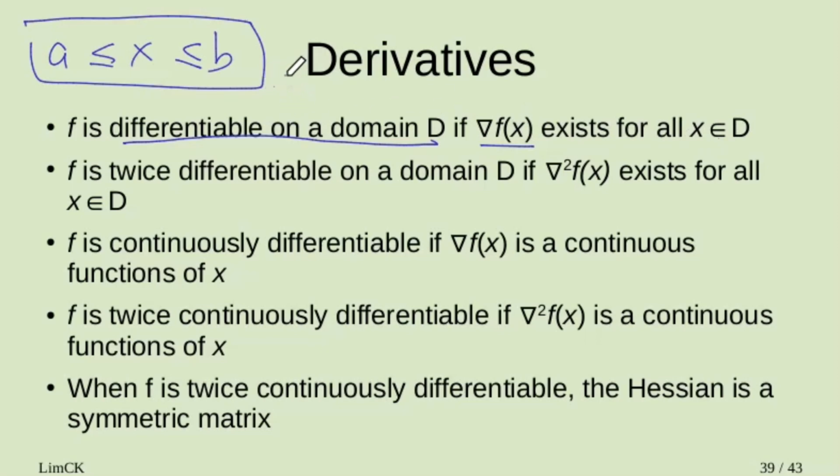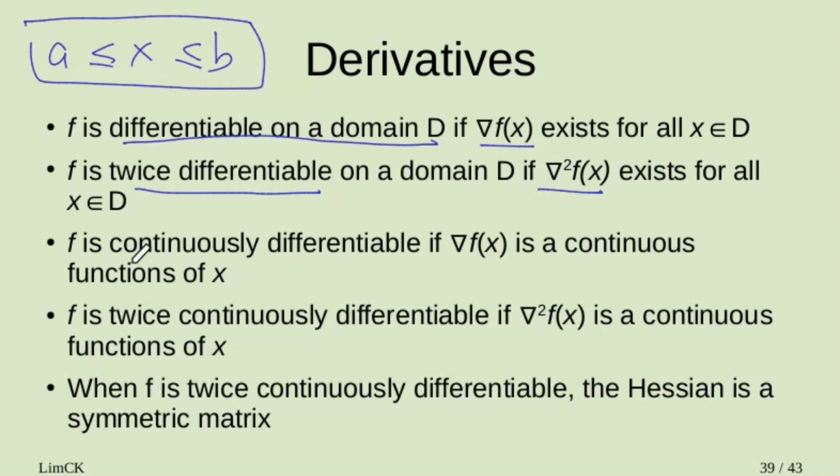When we say the function is twice differentiable on this domain, that means we can find the gradient and the Hessian for all the values in D.